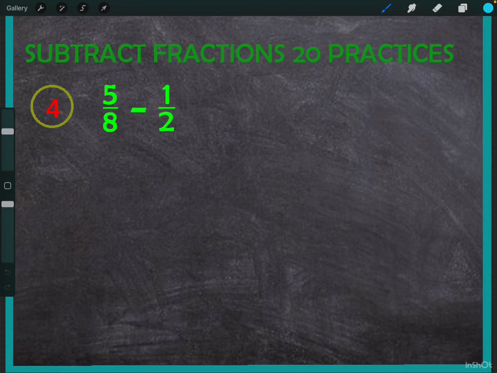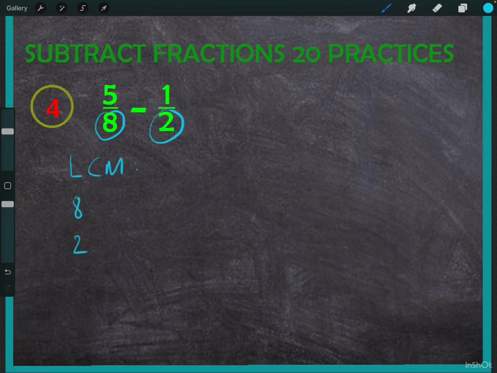Practice number 4, 5 over 8 subtract 1 over 2. These two fractions have different denominators, 8 and 2, so we will find the LCM for 8 and 2.